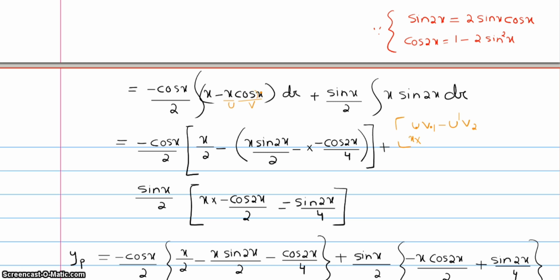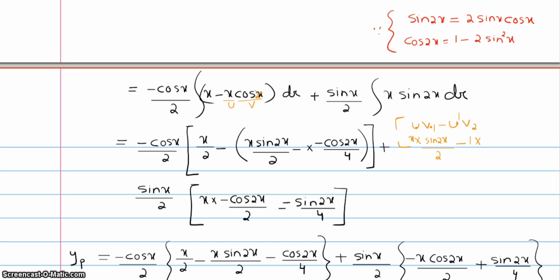Actually it is cos 2x. So the integral of cos 2x is sin 2x by 2, derivative of 2x is 2, minus u dash, derivative of x is 1, into the second integral of cos 2x.